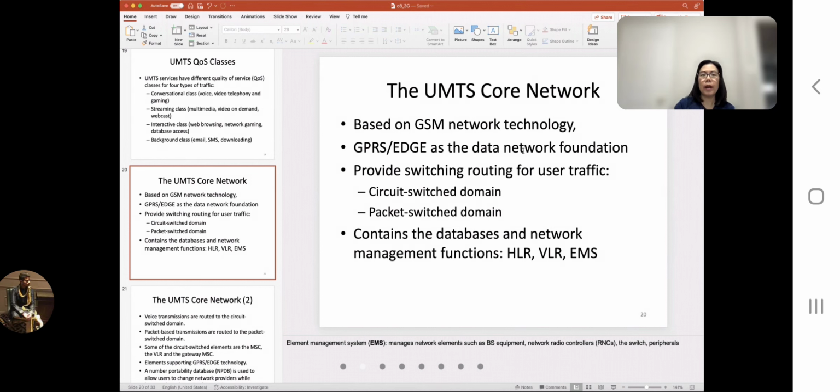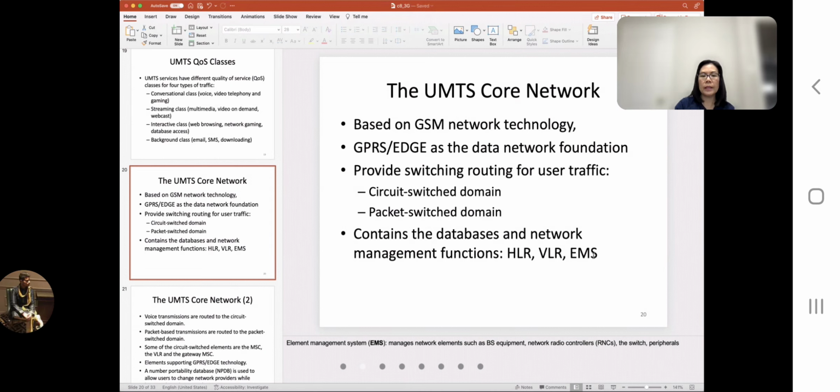The core network provides both circuit switching and packet switching. Circuit switching is for voice, packet switching is for data. And it contains the databases, the network management function as before, the home location register, the visitor location register, and the EMS, which is element management systems.